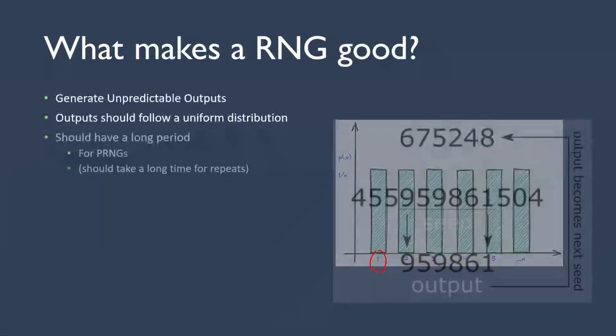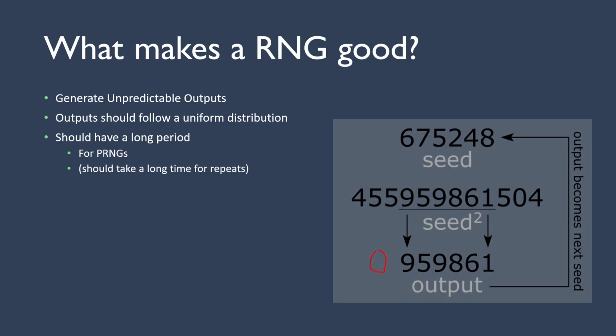The next major characteristic is specific to pseudo-random number generators. This is not really a problem that true random number generators have, but pseudo-random number generators, since they're an algorithm, will eventually repeat themselves. So they need to have very long periods, and a period is essentially the cycle that a pseudo-random number generator goes through.